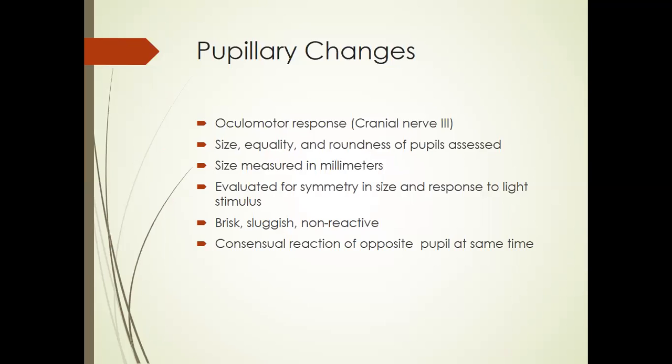Oculomotor response, cranial nerve third: size, equality, the roundness of the pupils. Assess size, measured in millimeters, evaluated for symmetry in size and response to the light stimulus: brisk, sluggish, non-reactive. Consensual reaction of the opposite pupil at the same time.